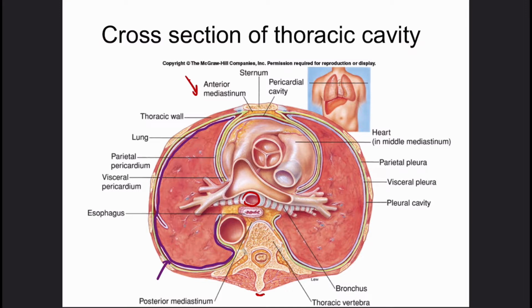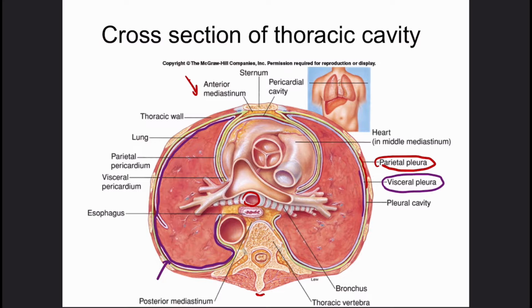Deep to the thoracic cavity, on the surface of the lung, is the visceral pleura. It's in light blue. And then along the wall of the thoracic cavity, the thoracic wall, we have the parietal pleura, shown in this lime green color.